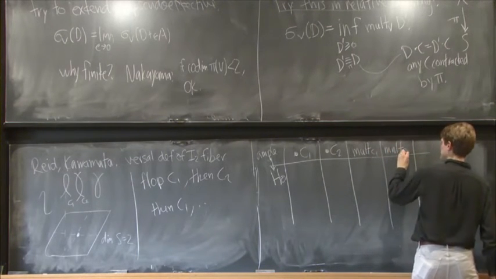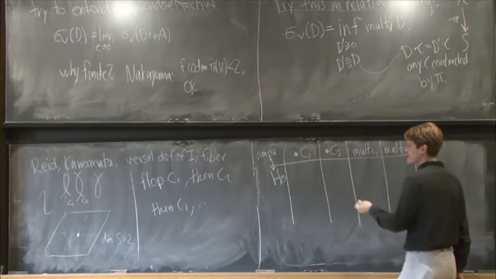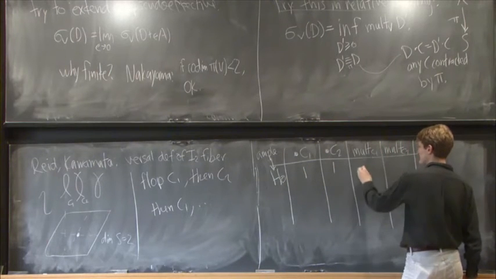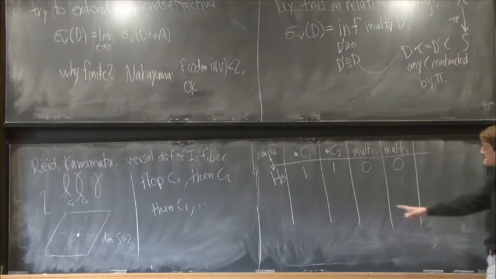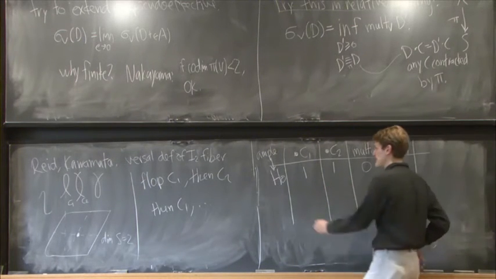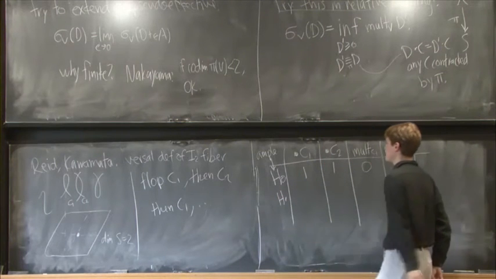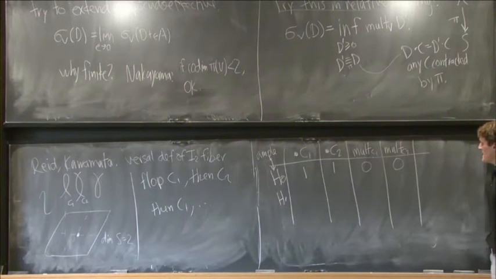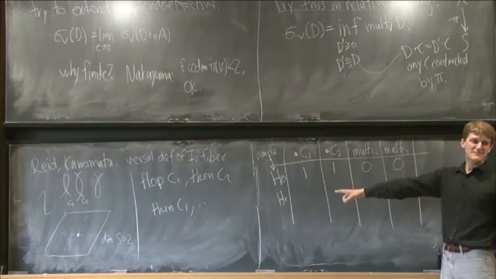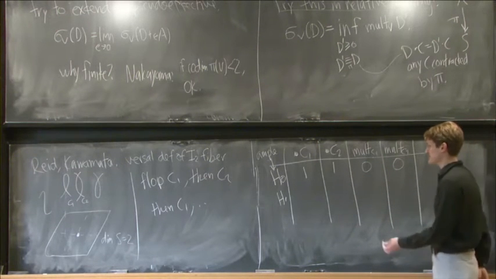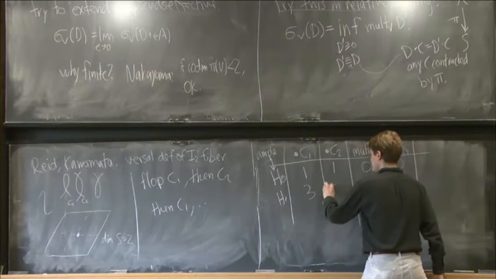Fourth is the multiplicity along C2. So I'm going to start with an ample divisor. We might as well assume it's 1 on C1, 1 on C2. No multiplicity along either one. So now you can take the strict transform of this under the flop of C1. And I'm going to call that divisor H1. And let me actually secretly swap the two curves so that each time I'm always going to flop the first of the two curves. Right? So here's what you get.